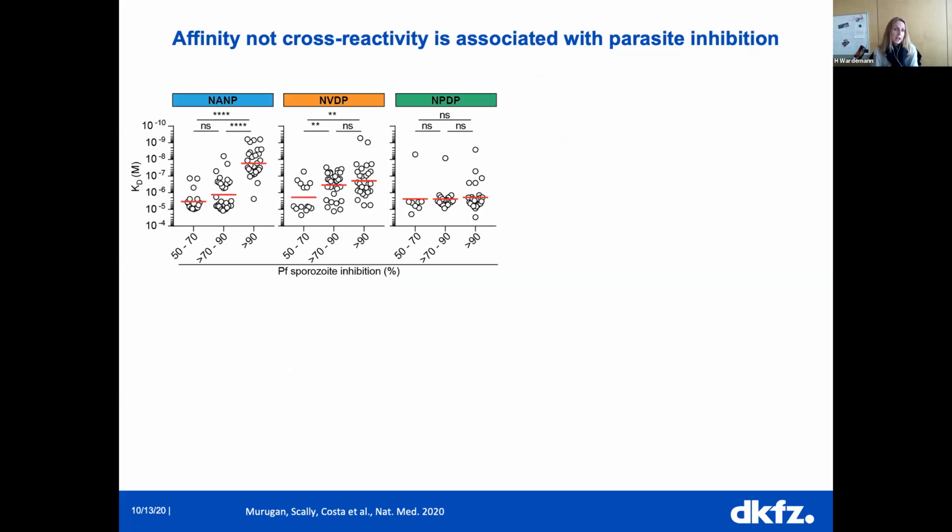This was then the question, how does this link back to parasite inhibition? And so we compared antibodies with high parasite inhibition and looked at their affinity to the different peptides.